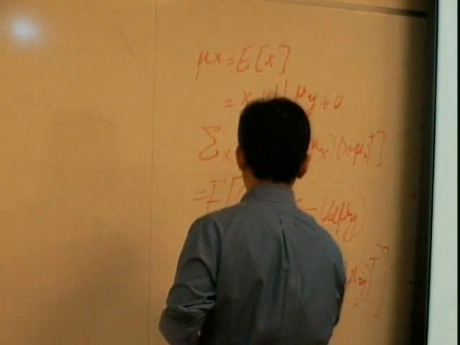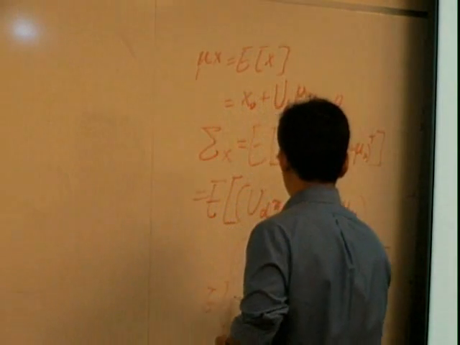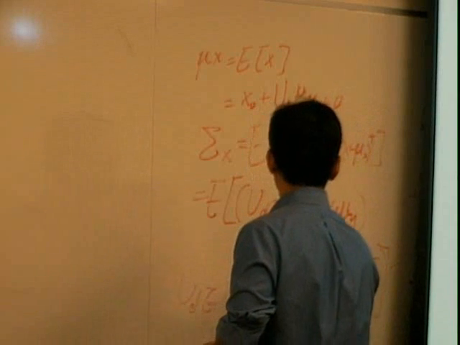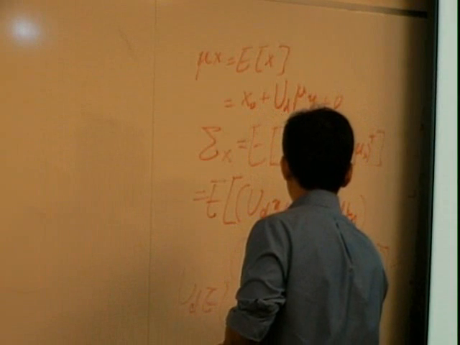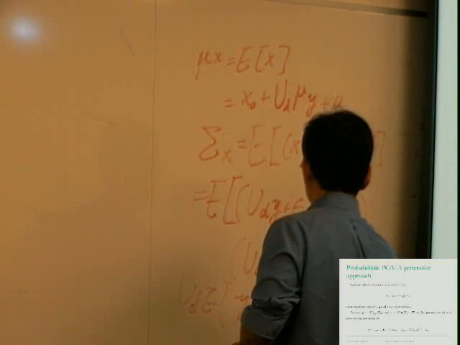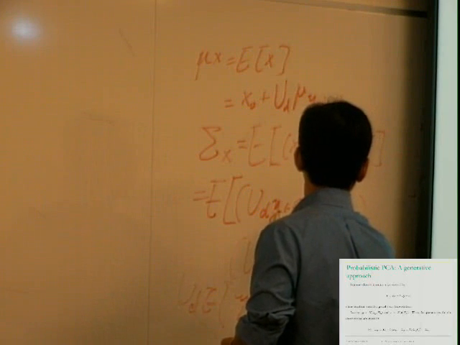That is the expectation of, what I just wrote, equal to, you can further bring this Ud out, Ud times the expectation of y minus mu y, times y minus mu y transpose, times Ud transpose. Oh, actually, you have to move that in here.